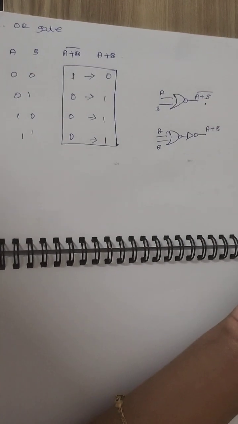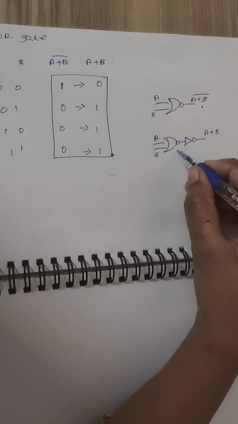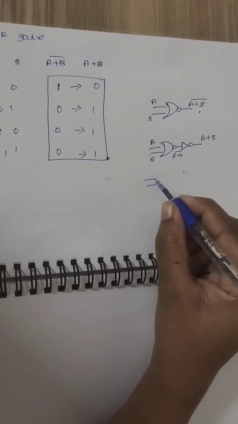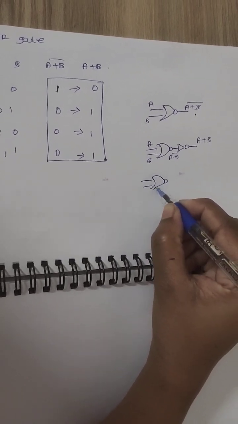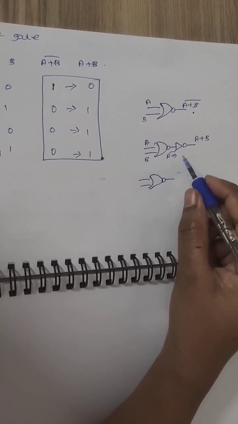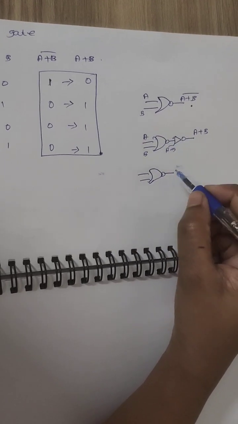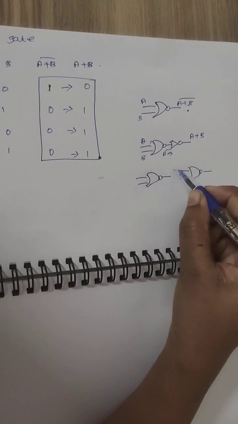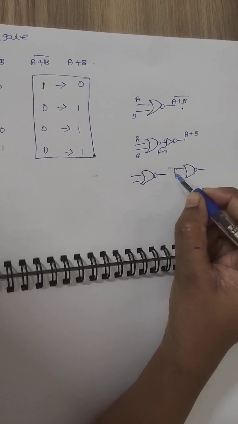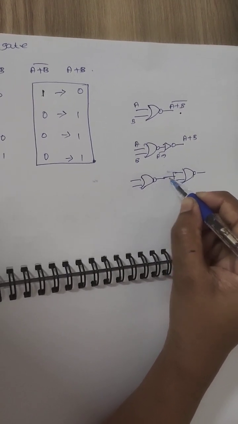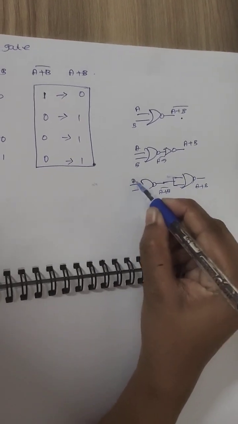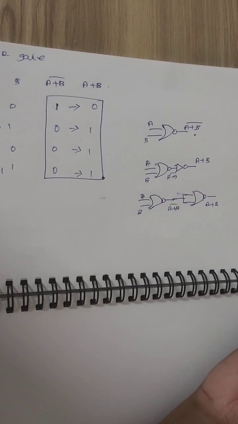So for inputs A and B, the NOR output is (A plus B) the whole bar, and if we invert it, we get A plus B. We already know how to make a NOT gate using a NOR gate: we just short the inputs at the input terminal. So A plus B the whole bar goes in, and A plus B comes out. It is as simple as that.